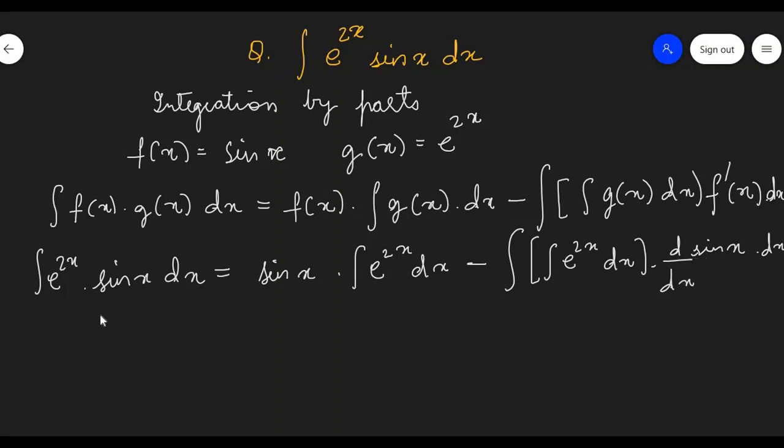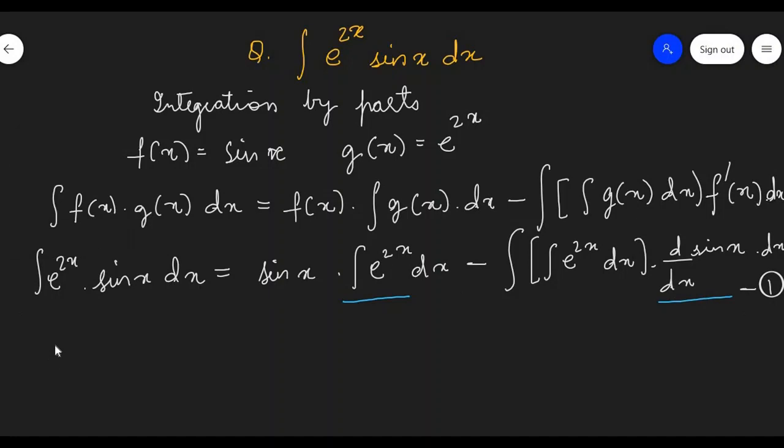Before we move further, we need to calculate two values. First is integration of e raised to 2x and the second is d by dx of sin x. Before we do any of these, let's call this equation number 1.